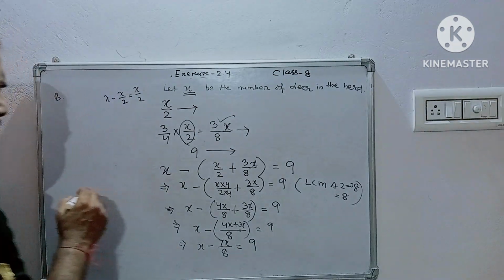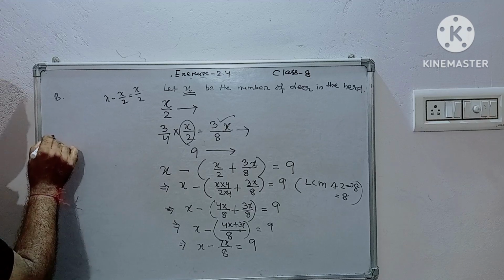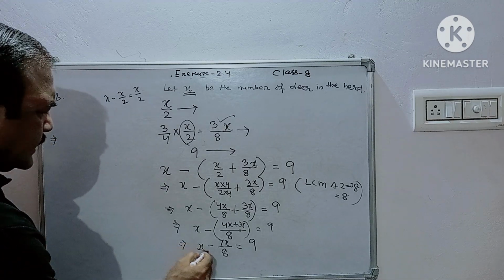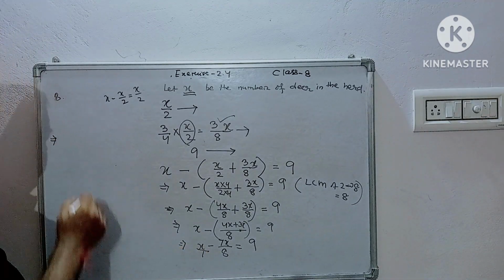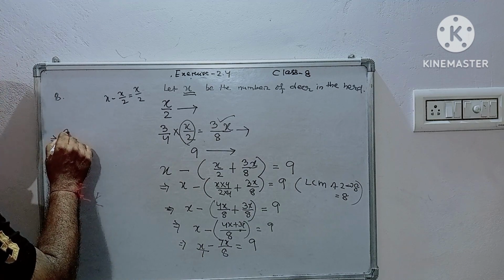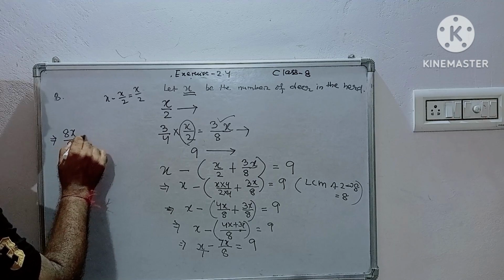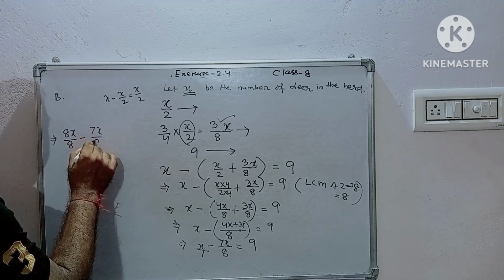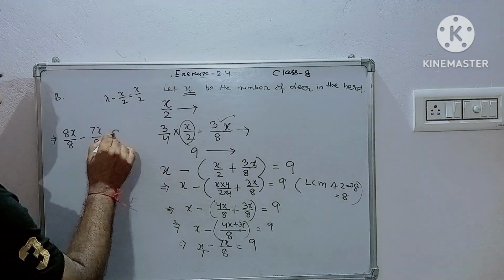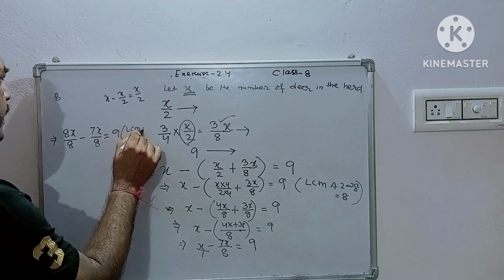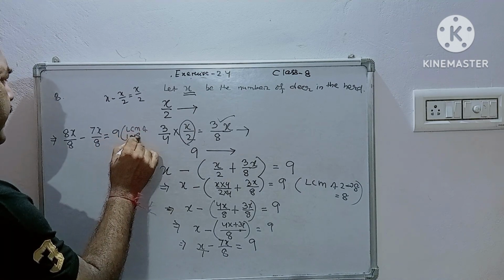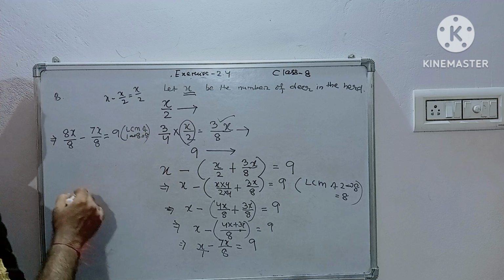So that implies, you see, x means x upon 1, and 8, the LCM is 8. So we may do like this, 8x upon 8 minus 7x upon 8 is equal to 9. LCM of 1 and 8 is equal to 8.